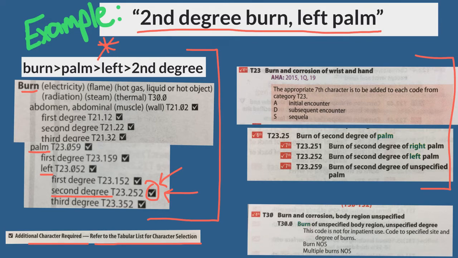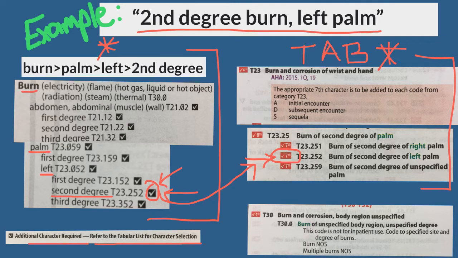Now let's take a look at the tabular list for the code T23.252 that we found from the alphabetic index. So now we're in the back of the book in the tabular. Please note that there is a little reminder box here too where it says check mark 7th.